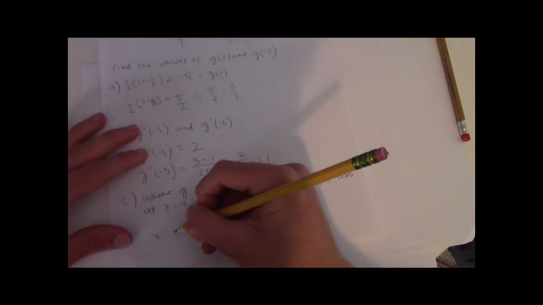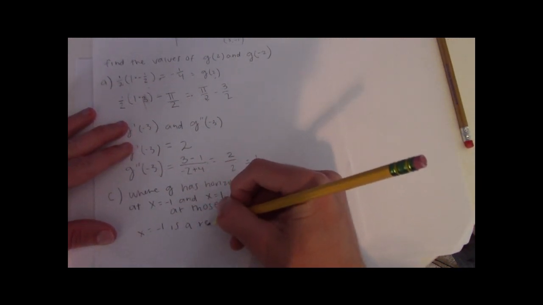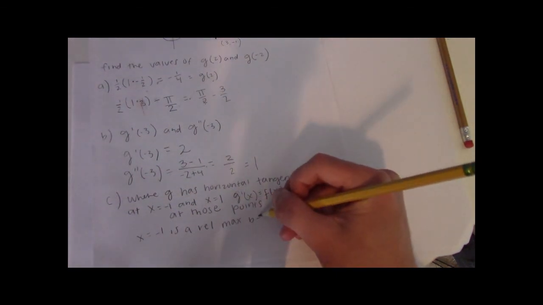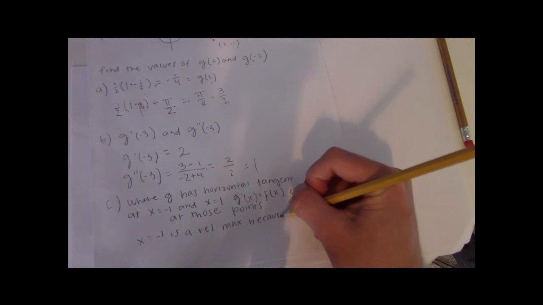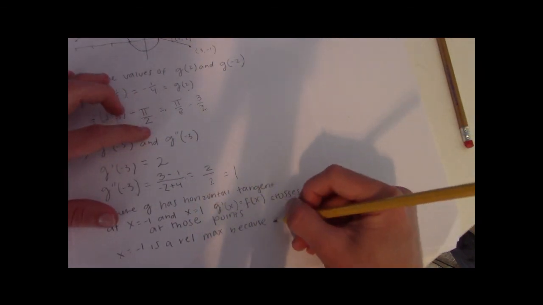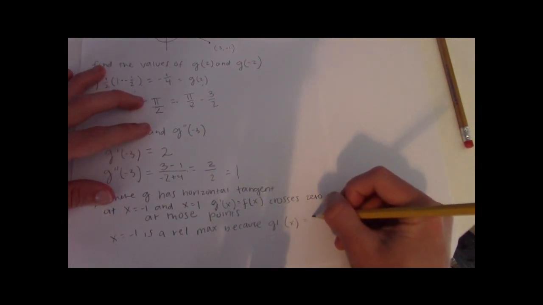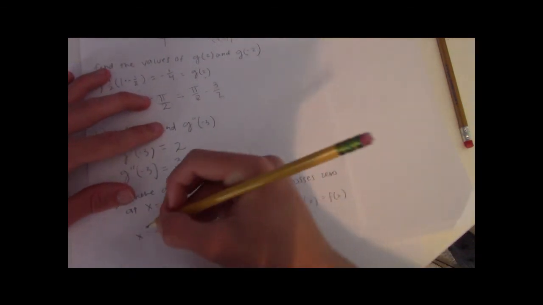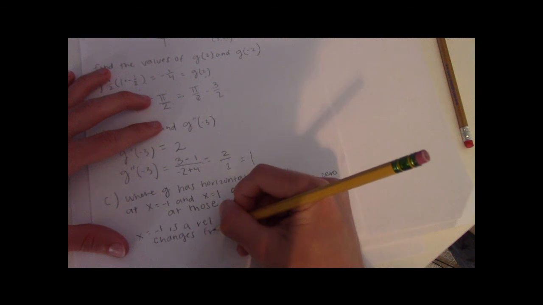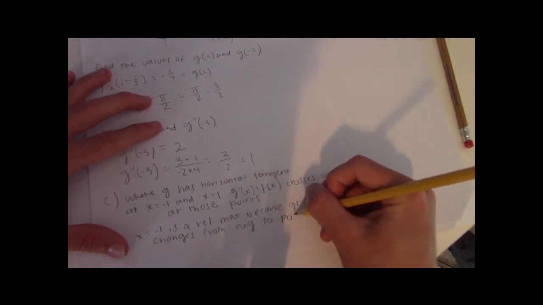So x equals -1 is a relative max because g prime of x, which is equal to f of x, changes from positive to negative there.